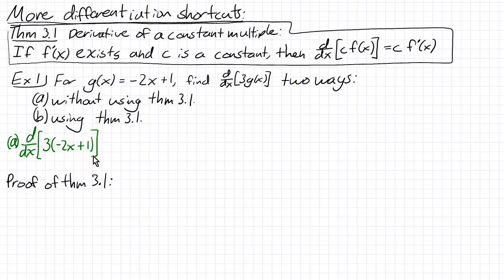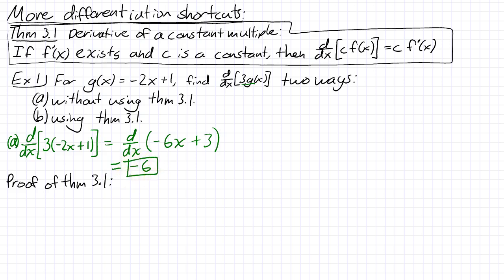And then once I just distribute the 3, you see that you just end up with negative 6x plus 3, which is just a regular old linear function. And using the rule from before, the derivative of any linear function is just always equal to its slope. So this is just -6.